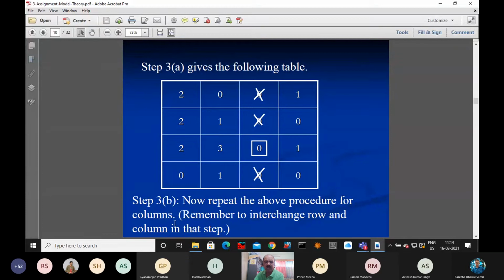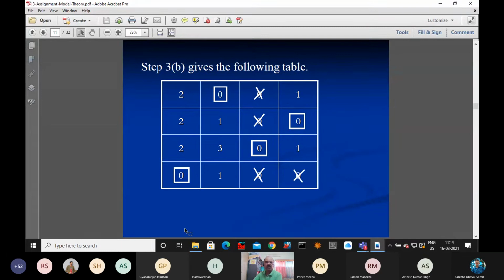So after rows, we'll go for the columns. The first row we have done. Now the second row has only one 0. We assign to this 0 because the others are crossed. So this is complete.